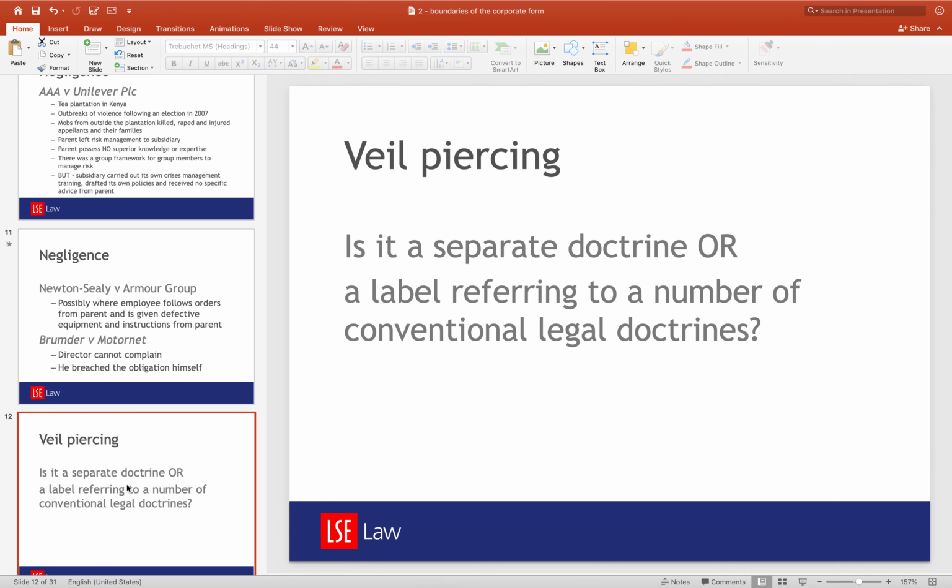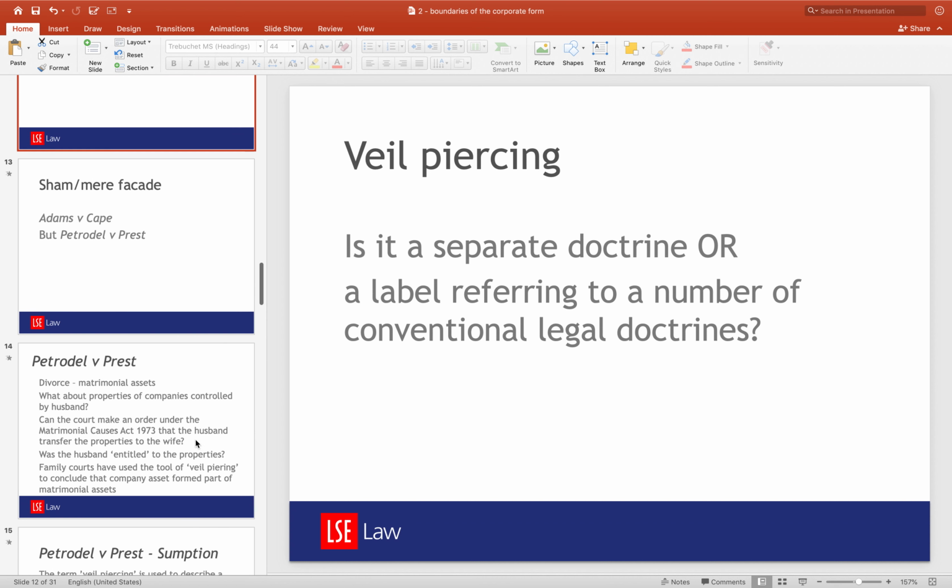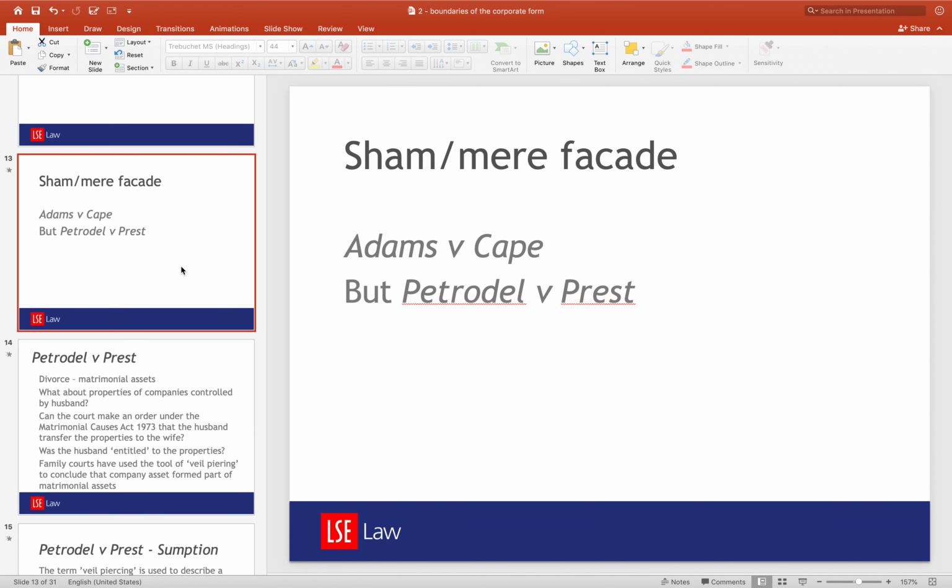Okay, so then veil piercing as a separate doctrine, or maybe veil piercing is just a label for other doctrines as we apply them in company law. And the source of the questions here are the terms sham or mere facade, and they were articulated in Adams v Cape and in other cases which I'll come to.